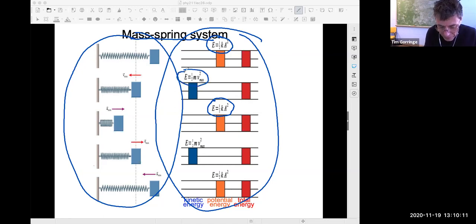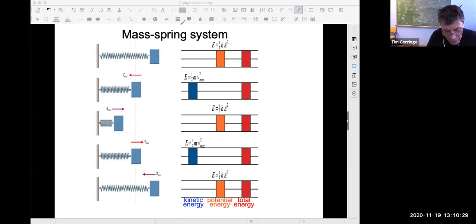And here's the maximum kinetic energy. It occurs when the mass swings through the equilibrium point. It's 1/2 m v squared, where v is the maximum velocity that you get at the equilibrium point. And we're going to use those equations as we look at an example on the next slide of total energy and kinetic and potential energy and energy conservation for harmonic motion.